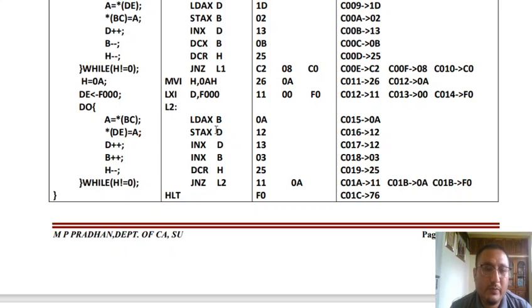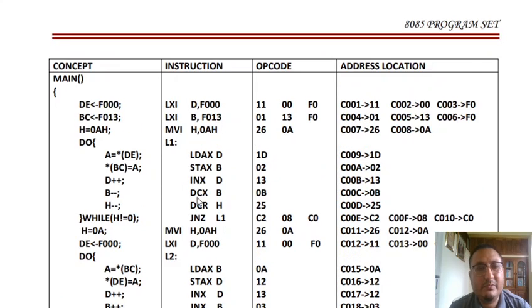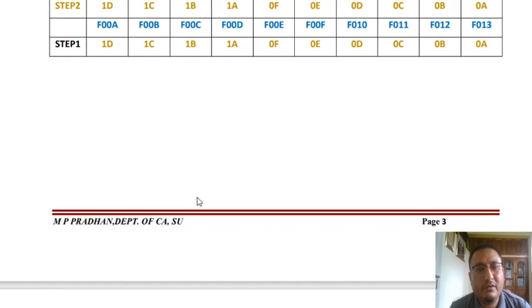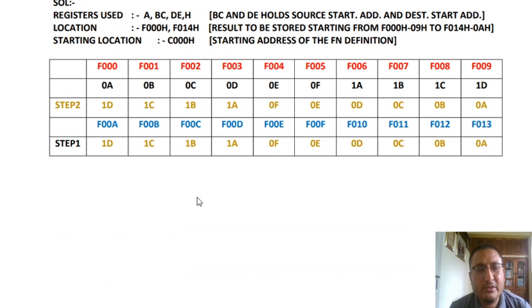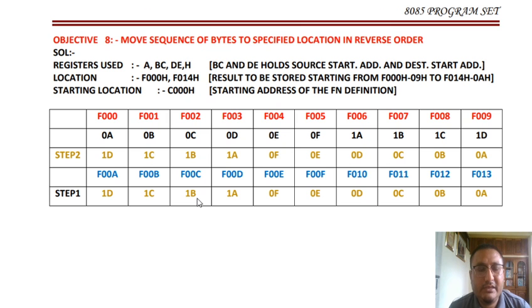So this is the way it actually works. This is a very simple program that is capable of storing the reverse of the original sequence in the source address locations itself. So this is the eighth objective that we had.